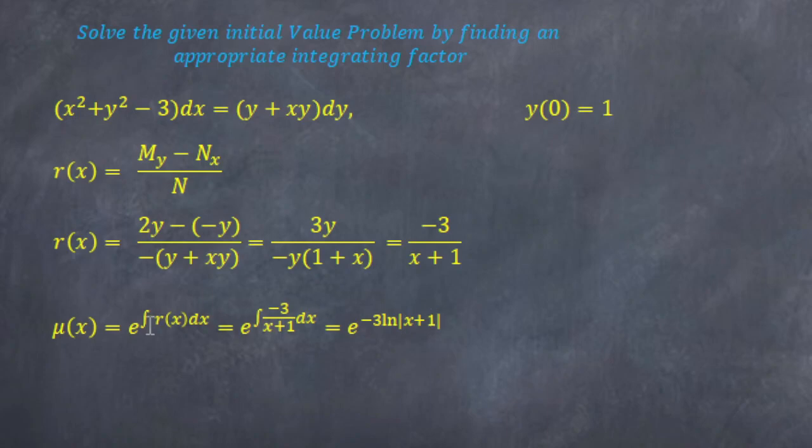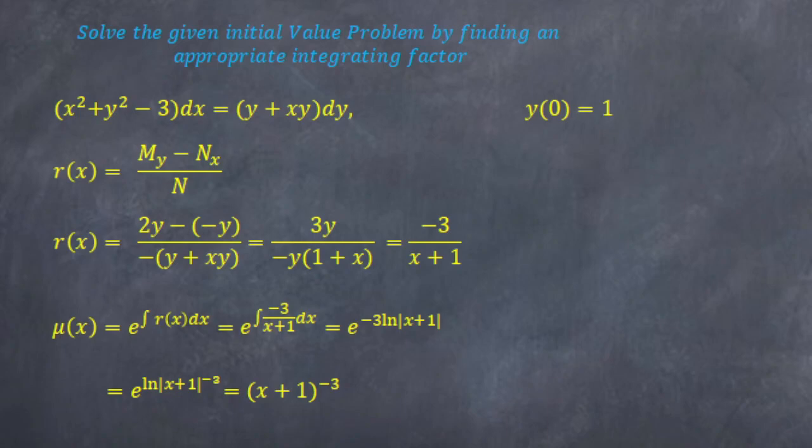According to the power rule of logarithms, we can move the negative 3 up and make it the exponent of x plus 1. Furthermore, we can cancel e and ln so that we're left with (x plus 1) to the negative 3 as our integrating factor.